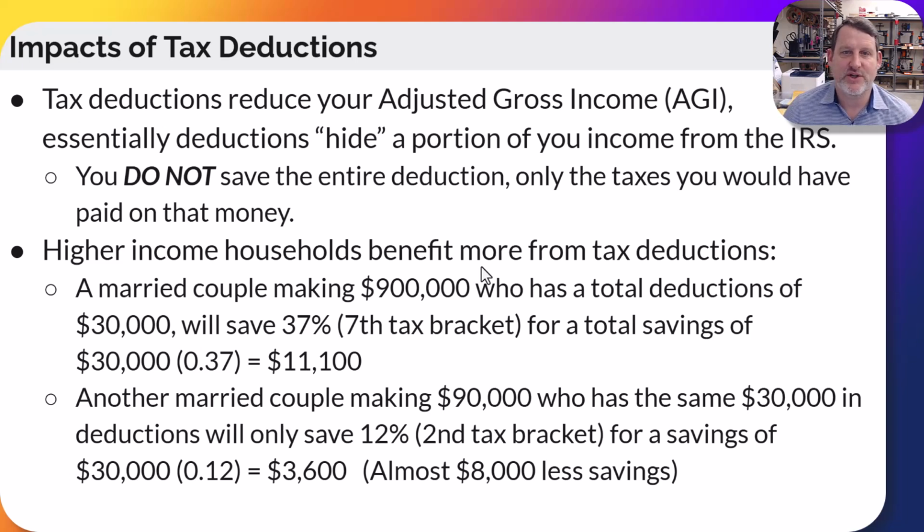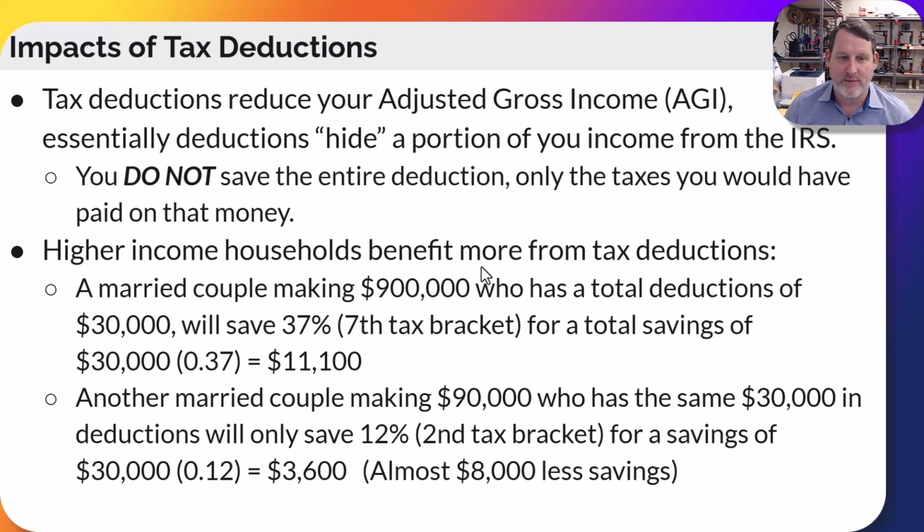So tax deductions reduce your adjusted gross income. Essentially, they hide a portion of your income from the IRS, so you don't pay taxes on that part of your income. You do not get the entire deduction back, only the taxes you have paid on that money. The result of this is that higher income households benefit more from tax deductions.